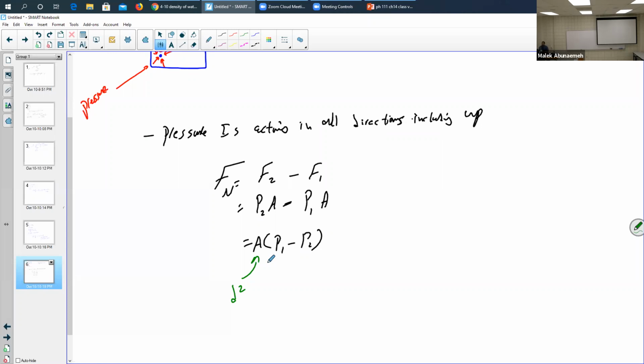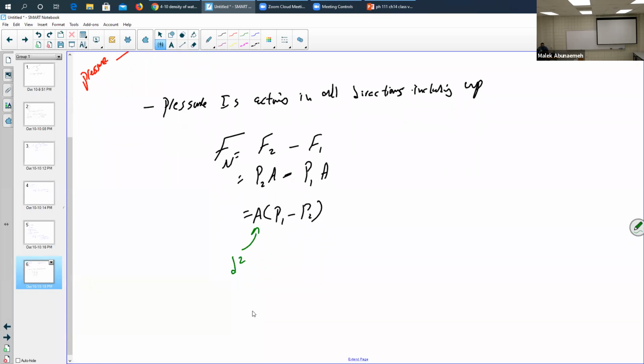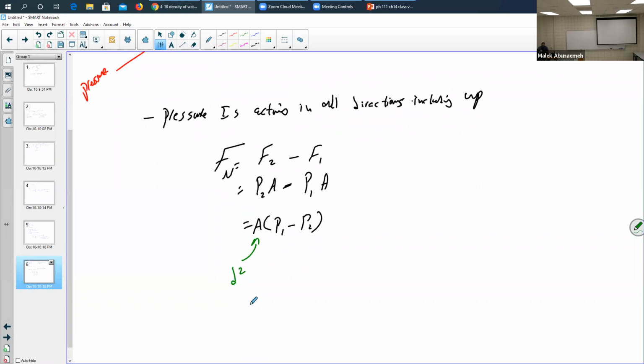Now let's take a look at point 1, the pressure at point 1. Let me just get a different color for that.